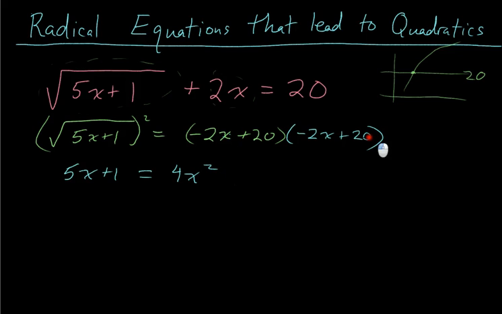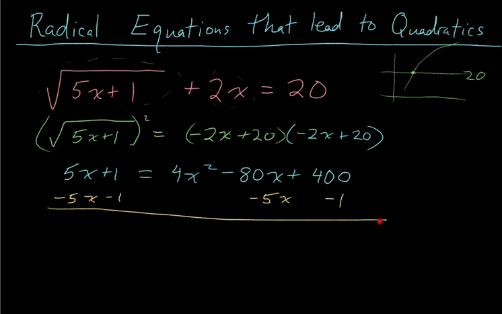I've got minus 40x, and another minus 40x is minus 80x, and plus 20 times 20, which is 400. Now we get one side 0, so subtract the 5x, subtract the 1. So 0 is 4x squared minus 85x plus 399.